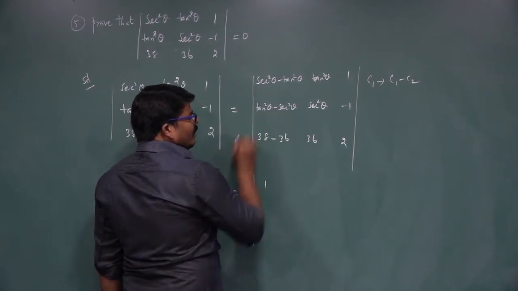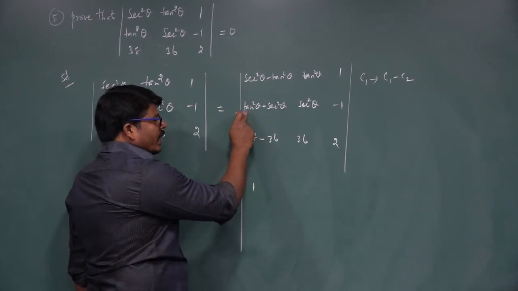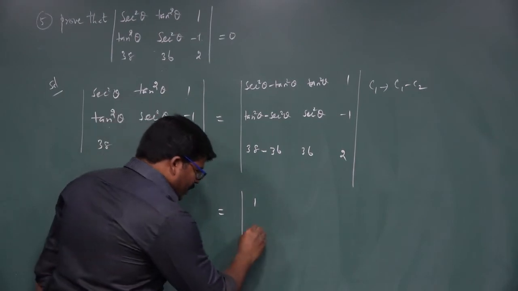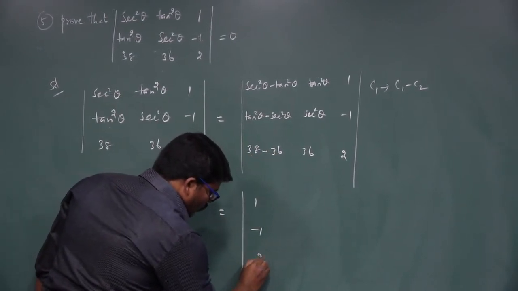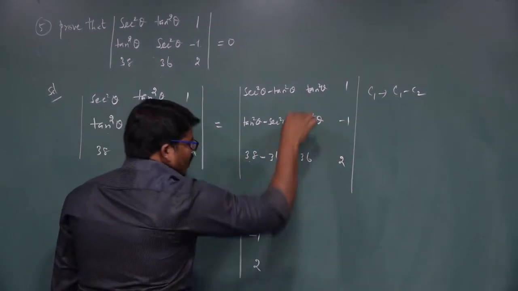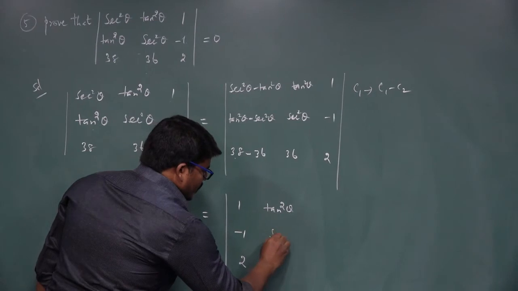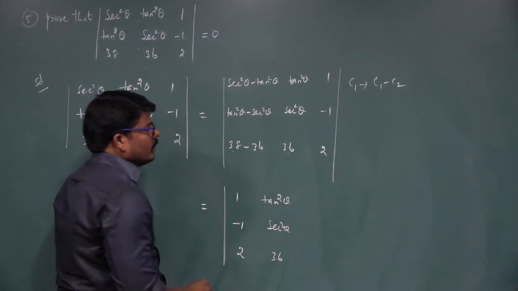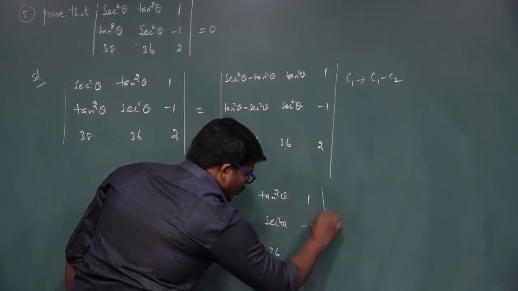Next, tan square theta minus secant square theta, taking minus common outside, secant square theta minus tan square theta, the value is minus 1. And 3 minus 3 is 2. The second column as it is, and the third column 1, minus 1, 2.